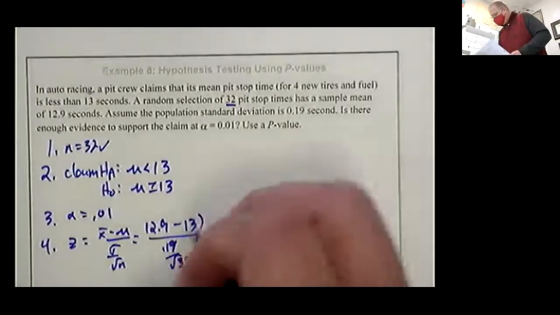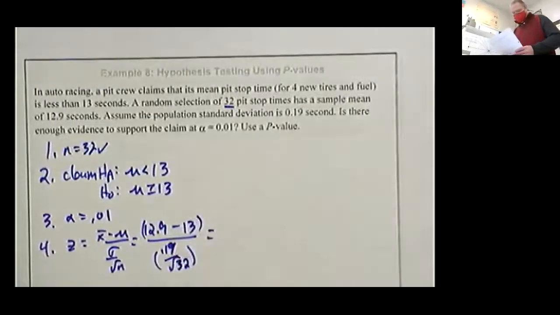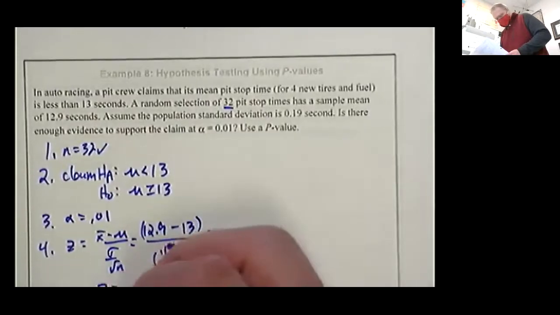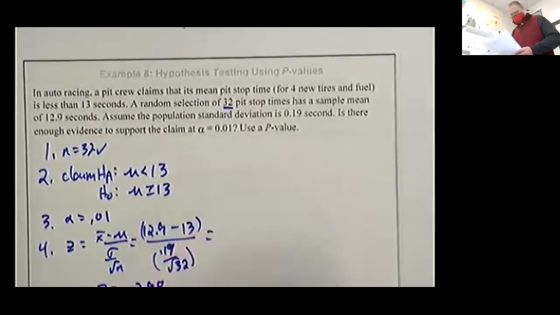Remember, we're going to put that in parentheses to make sure we don't lose order of operations. And that gets us a z-score of negative 2.98.